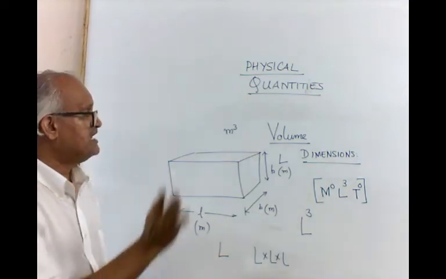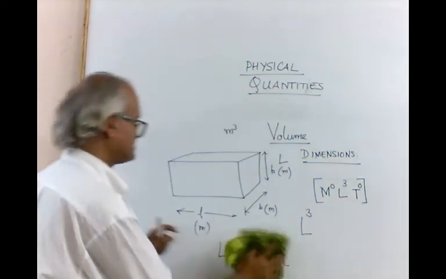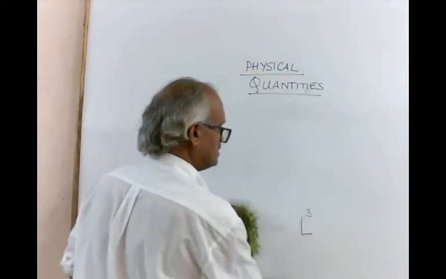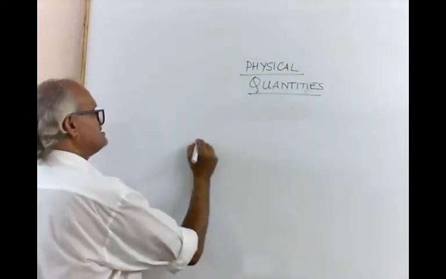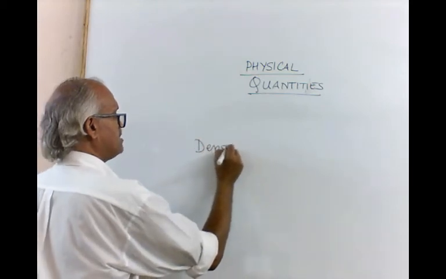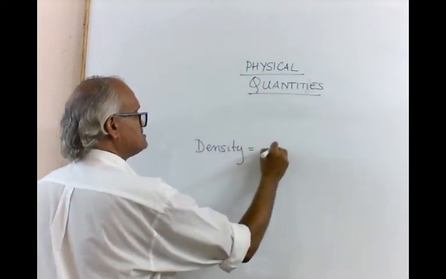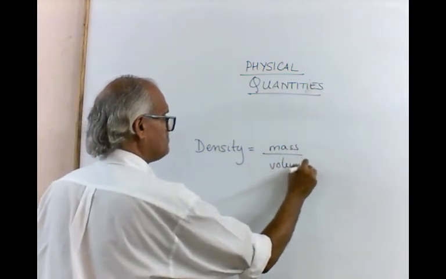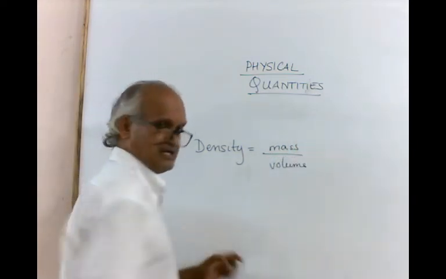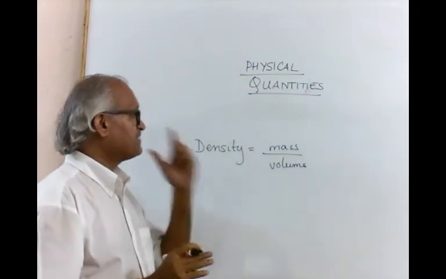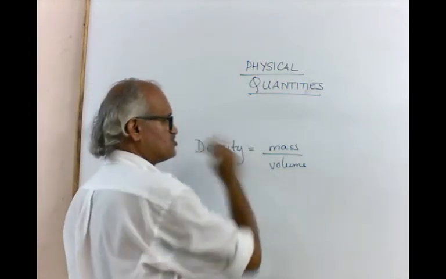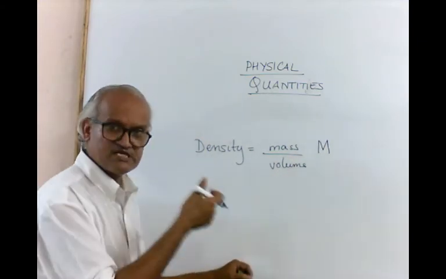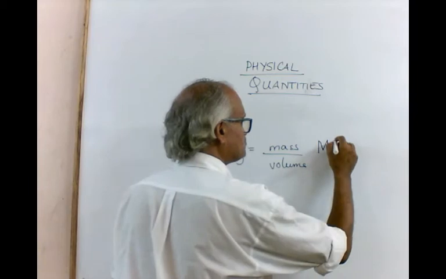Now you tell me, what could it be for density? Let's try to work this out. Now density, we know, is mass upon volume. Mass is measured in kilo and the symbol for mass, as we saw some time back, is capital M. Volume we saw just a while ago is L raised to 3.